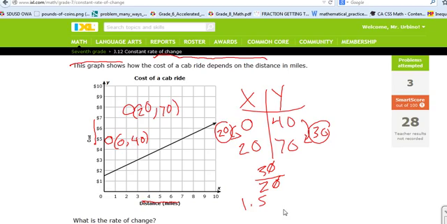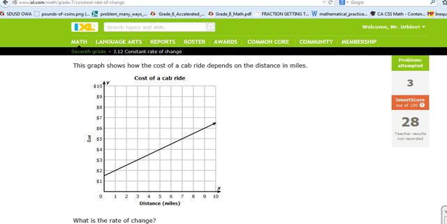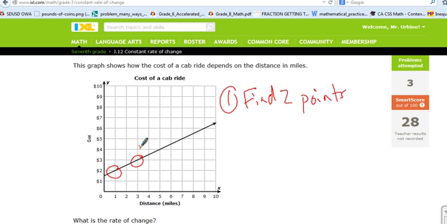Okay, guys. You should be good with these problems as long as you're setting up the problem. So again, if you're doing these, just do these steps. Number 1, find 2 points. Here, at 1, 2, and here at 3, 3.